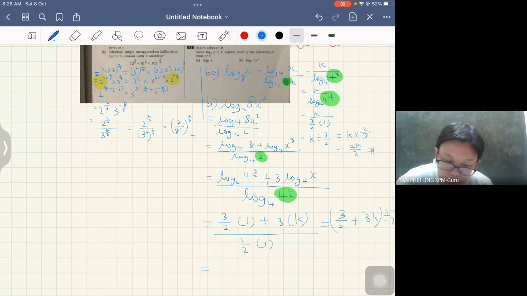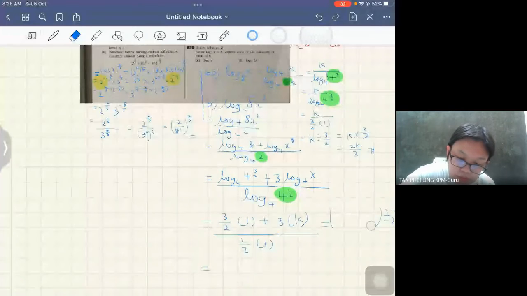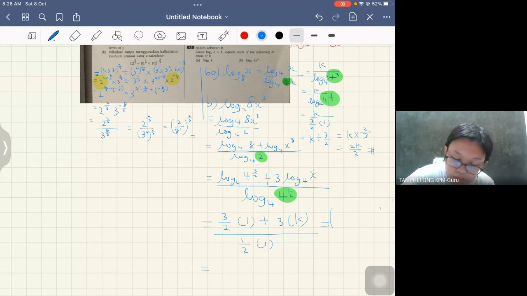Right, there's no space already. Never mind, I erase and rewrite it back smaller. So I'm going to have here 3 over 2 plus 3k, divided by half.